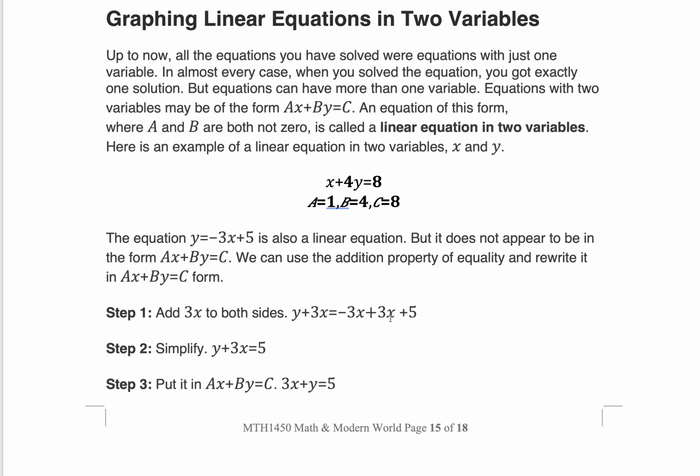Clearly, 3x is cancelled from the right-hand side, and now we have the equation y plus 3x equals 5.